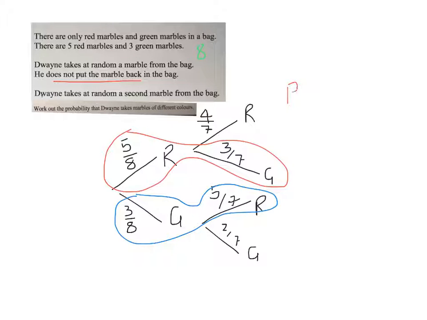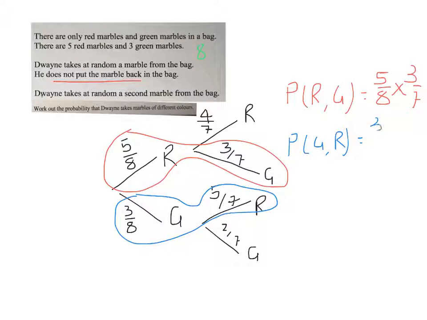The probability of red and then green is going to be 5/8 multiplied by 3/7. And the probability of green and then red is going to be 3/8 times 5/7.